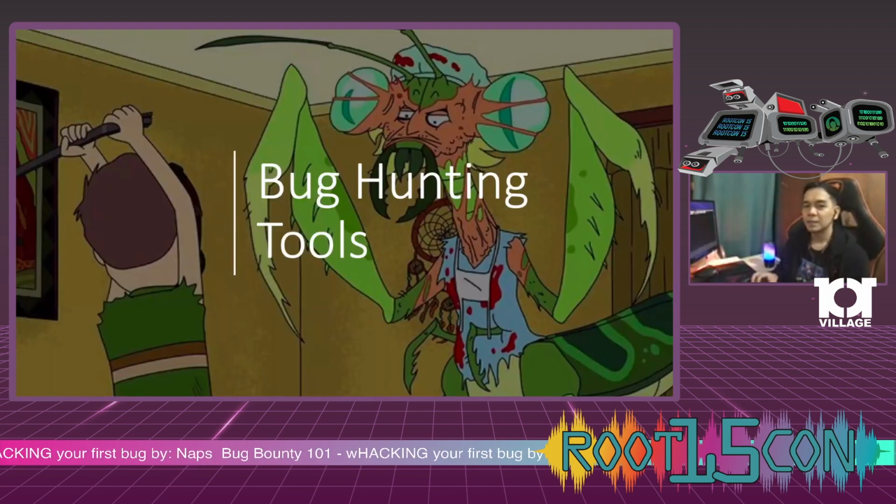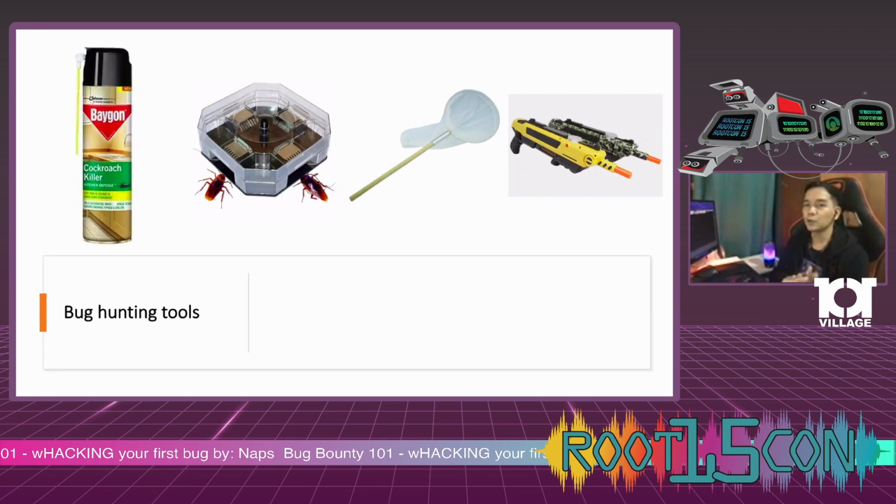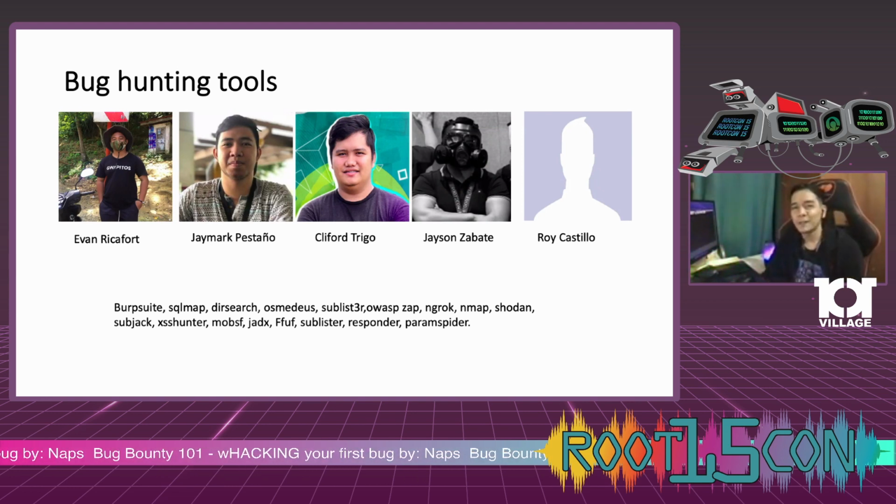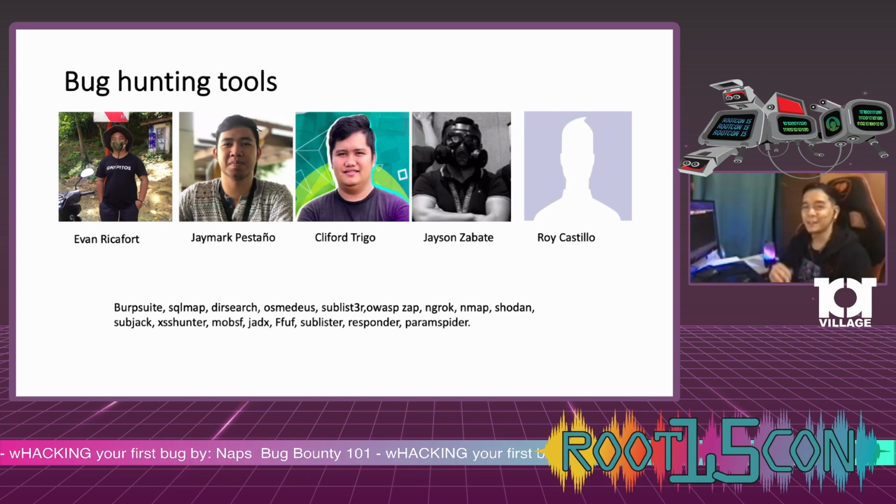Okay. So let's move on to the bug hunting tools. Of course, we need tools to automate our bug bounty hunting to be more efficient and to lessen the time in finding bugs. So I talked to some of the bug bounty hunters out there, like Evan Ricafort, the human payload, and I will be discussing why Evan is a human payload later.